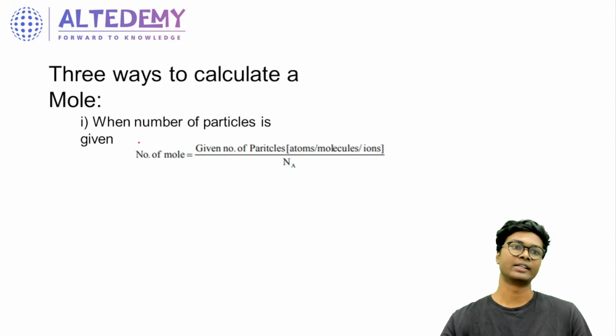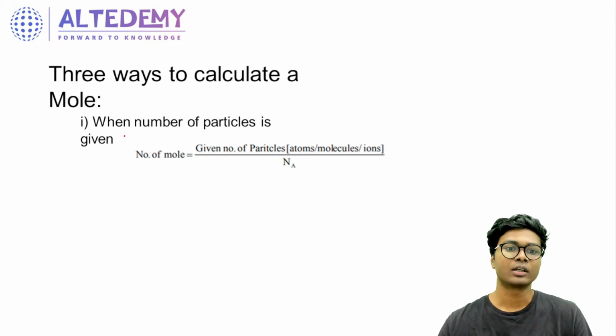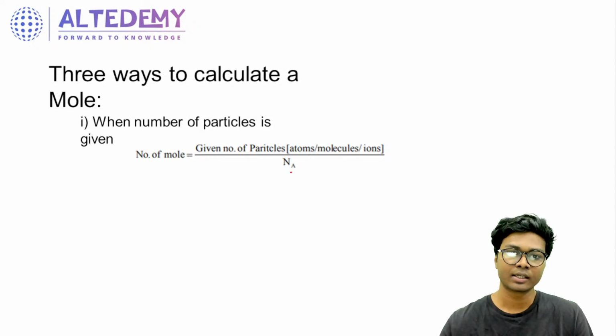So let's start calculating when the number of particles is given. The formula to find the number of moles when the number of particles is given is given number of particles by the Avogadro constant. It's as simple as that. So we'll understand it with the help of a question.